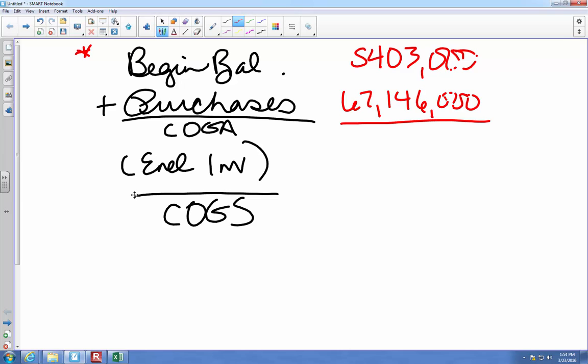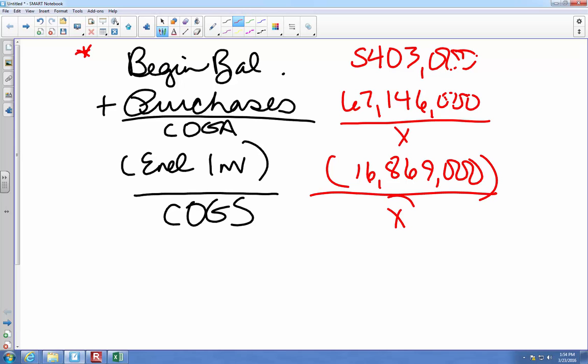And what are they telling you right now in this adjusting entry that your ending inventory is? Yeah, 16,869. So when you put all this together, you're going to get your cost of goods sold number, right? The model.